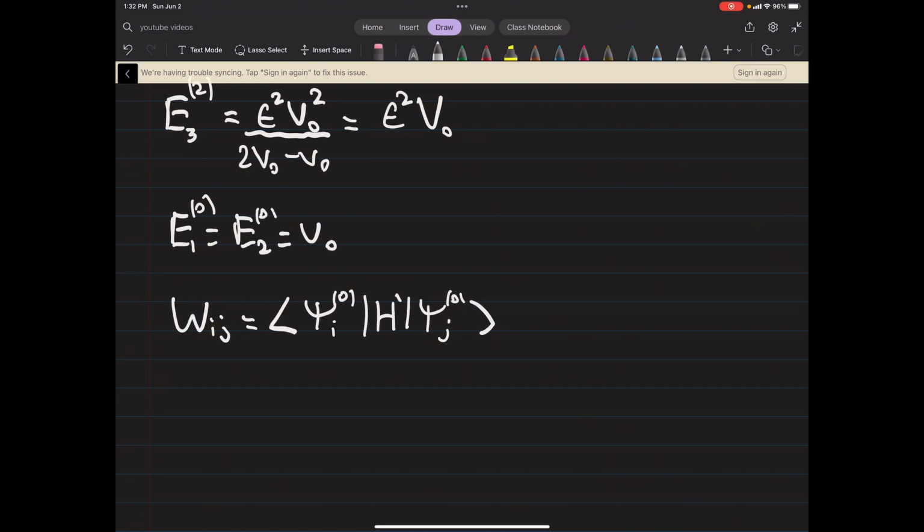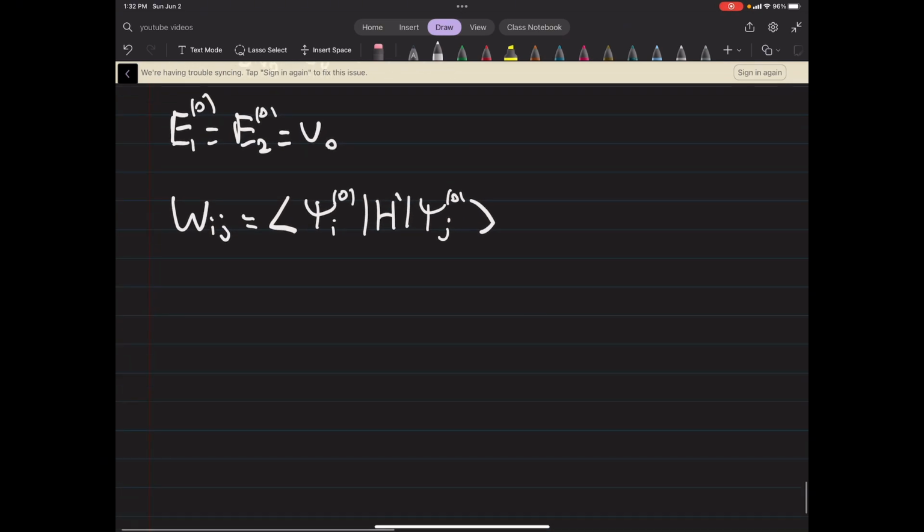So for example, and for the record, we're only interested in our degenerate states. So what was it, psi 1 and psi 2? Yeah. So this is twofold degeneracy. The 1, 1 entry would be psi 1 and then psi 1.